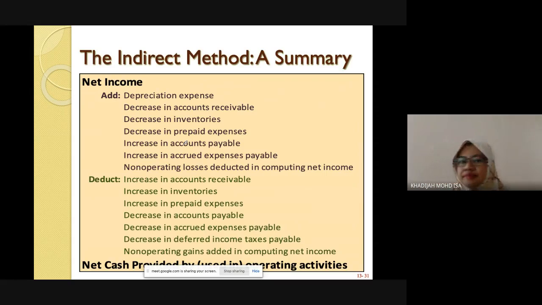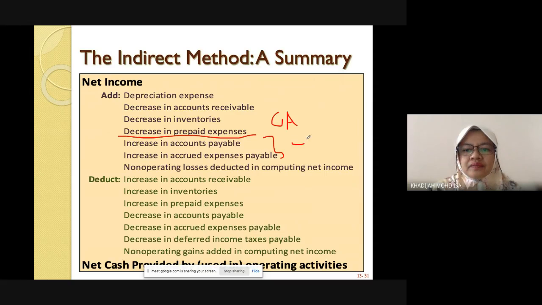All of these are current assets, so whenever there's an increase, you minus, and whenever there's a decrease, you add. But this one is your current liabilities, so when there's an increase, you add.